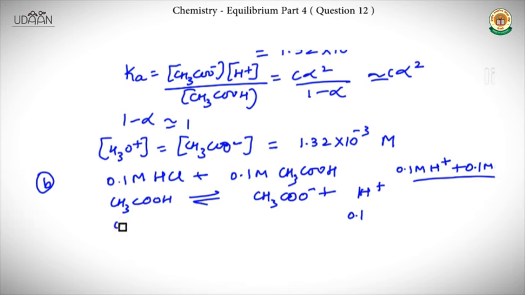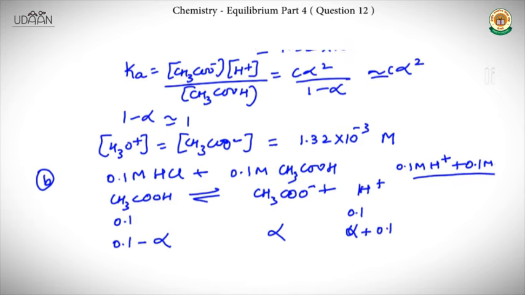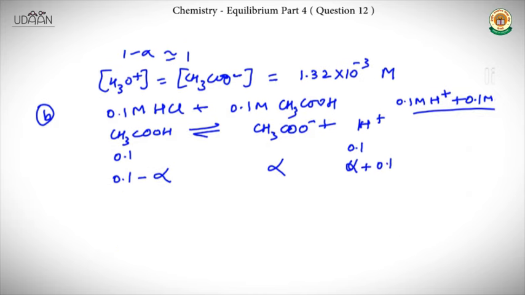The rest, I'll start with 0.1 molar CH3COOH, and suppose alpha is the degree of dissociation, then alpha moles of acetate ion and alpha moles of H plus will be formed, but 0.1 molar H plus is already present. Obviously, since CH3COOH is a weak acid, alpha will be much less than 0.1.